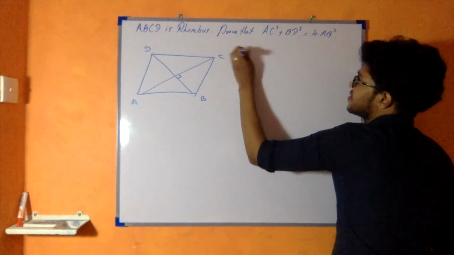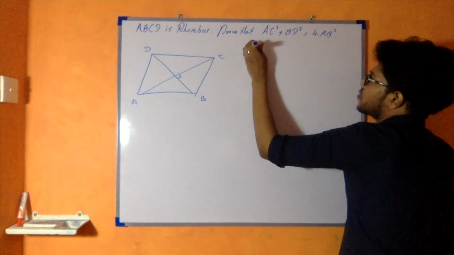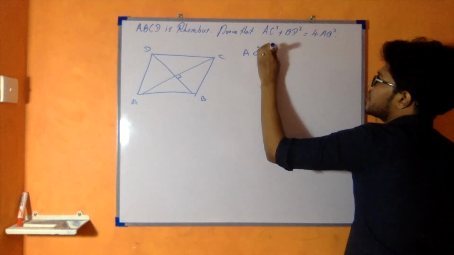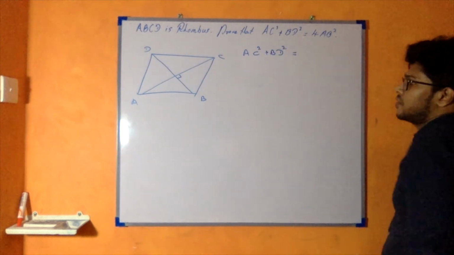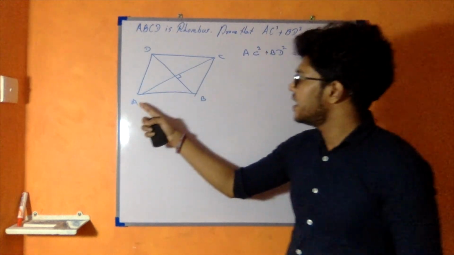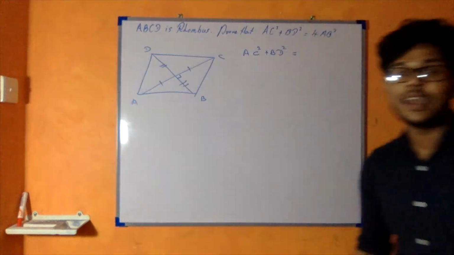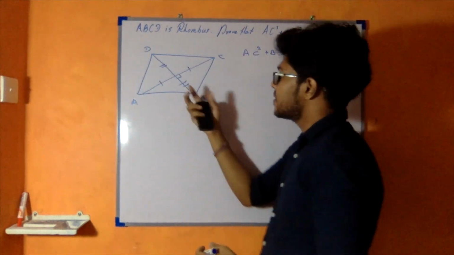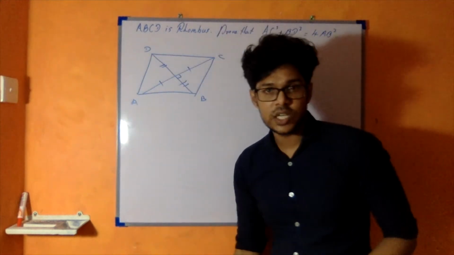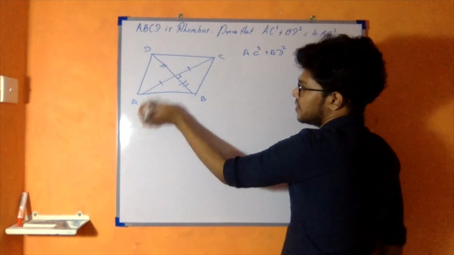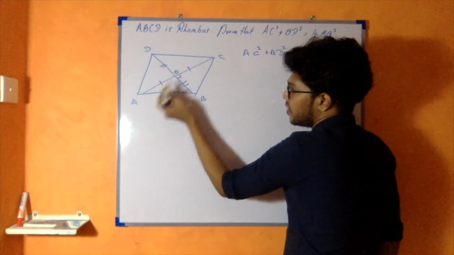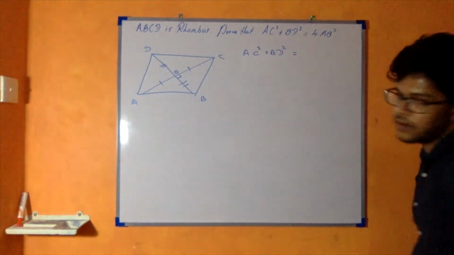So let us write AC squared plus BD squared equal to, what is this? There's a property of the rhombus that the diagonals bisect each other. Let us name the intersection point O. So AO is going to be equal to OC, right?